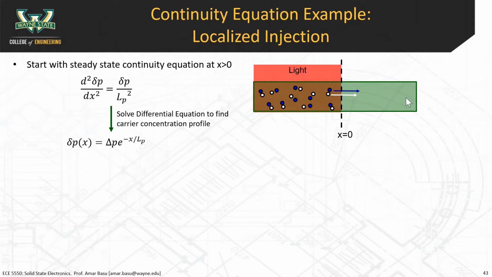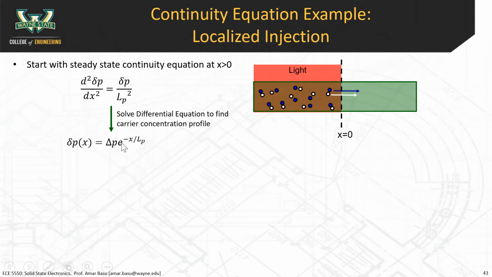That's getting back to the question that you mentioned. We're not solving the continuity equation on the left side. We're only doing it on the right side, where there's only recombination happening. So the solution is sigma p e to the negative x over lp. This gets back to David's question: what is the significance of this lp term?